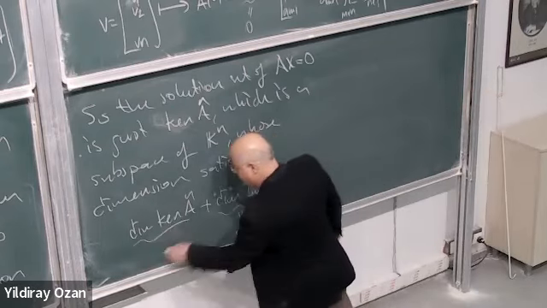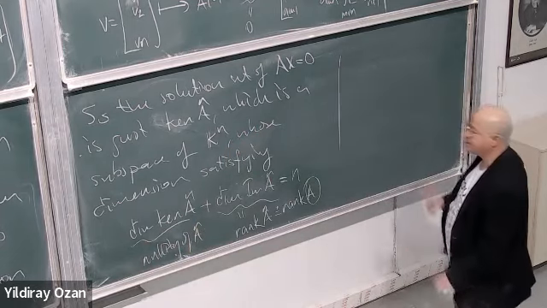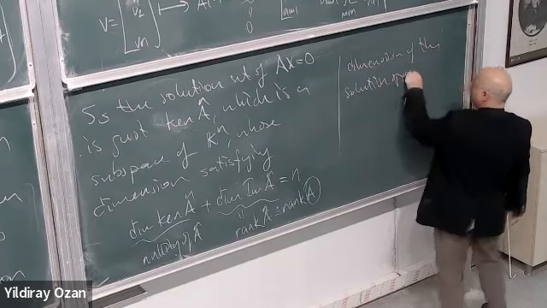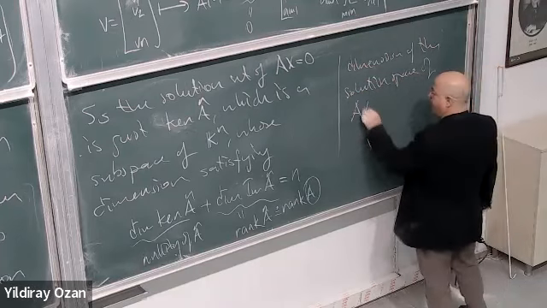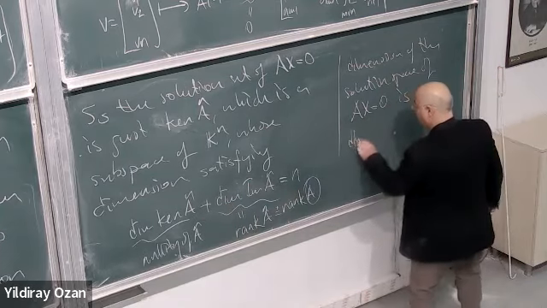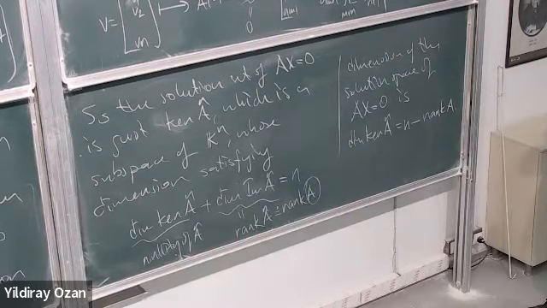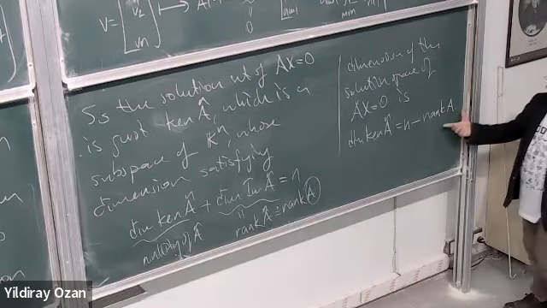And this is the nullity of A hat. So, the dimension of the solution space of AX equals 0 is the dimension of the kernel of A hat, and that is just n minus the rank of A. Yani A matrisinin rankına bakıyoruz, rankını n'den çıkartıyoruz.